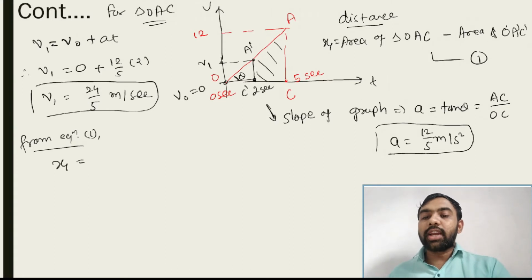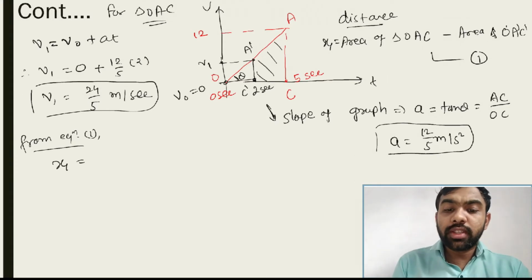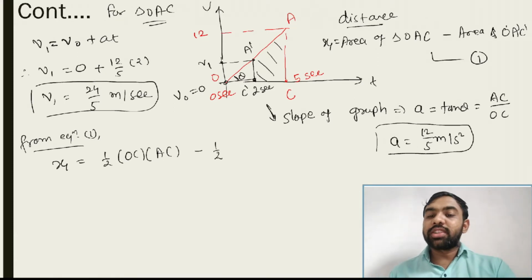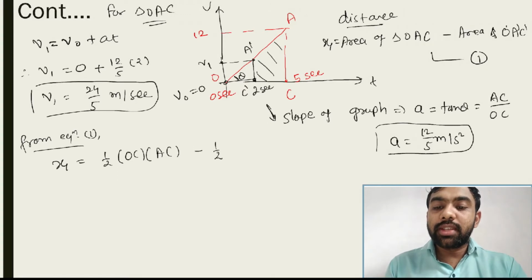So x1 is the area of triangle OAC. Triangle OAC means 1 by 2 base into height, base means OC, height AC, minus 1 by 2 base. What is the base for O A dash C dash? For O A dash C dash, base is OC dash. And what is height? Height is A dash C dash.